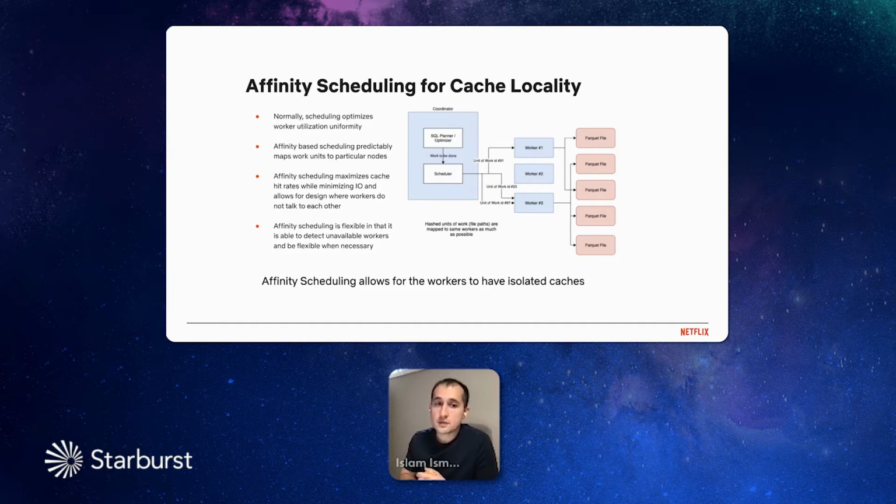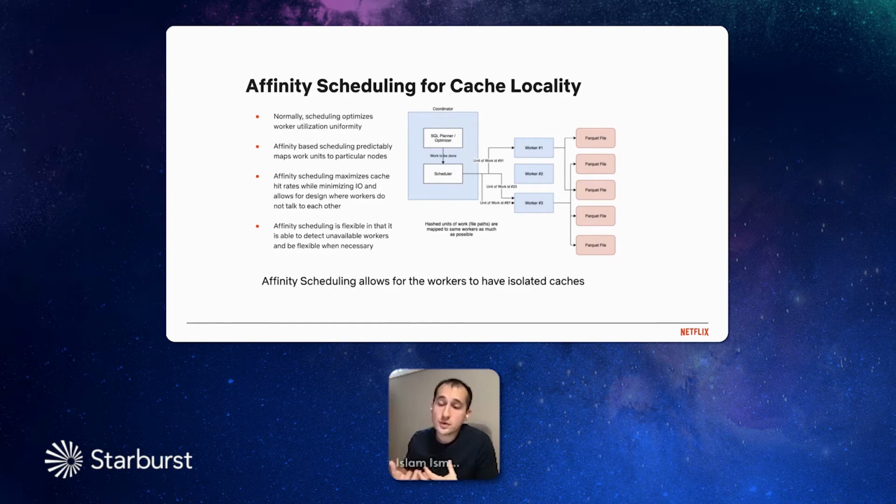So affinity scheduling allows workers to have isolated caches from each other, so they don't have to communicate. Let's say there are other ways to cache data that we've seen, for example, Rubix cache, which has a bookkeeper on the coordinator node, and also has Rubix instances on each of the worker nodes.